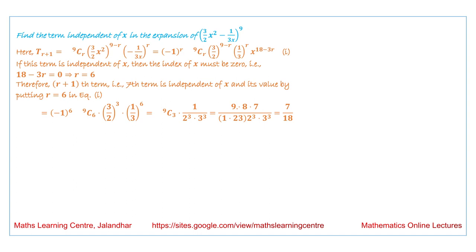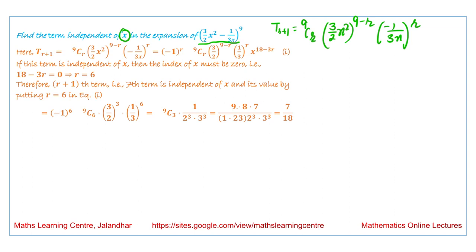Now the next we have is find the term independent of x in the expansion of this. So if we write the general term over here, T(r+1) will be equal to 9Cr (3/2 x^2)^(9-r) into (-1/(3x))^r.